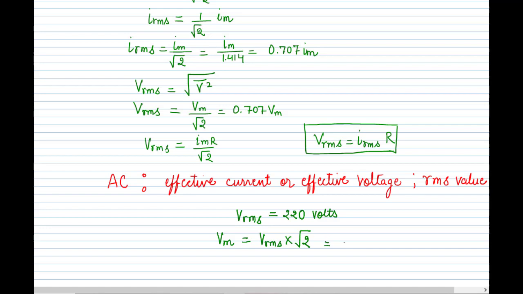So this is 220 times root 2, which is 1.414, equal to 311 volts. So the voltage that comes to our home can have a maximum value of about 311 volts, but whatever we say, 220 volts is the root mean square value. And the power dissipated is always root mean square voltage times root mean square current.